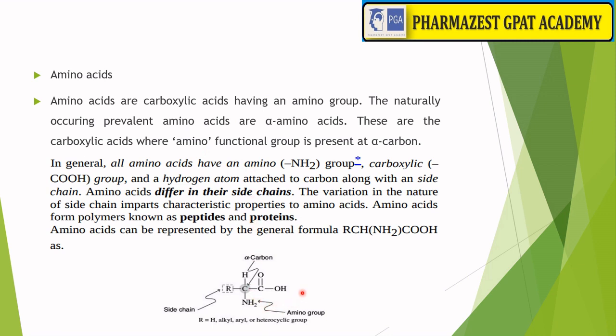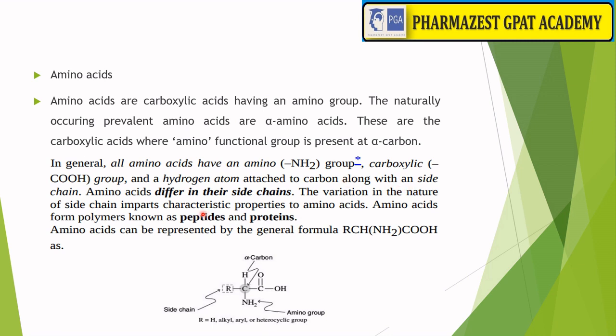As I told, the carbon that is attached to the functional group is known as the alpha carbon. So this is our alpha carbon, and the amine group is attached to the alpha carbon as discussed. In general, all the amino acids have an amine group, a carboxylic acid group, and a hydrogen atom attached to the carbon along with a side chain.